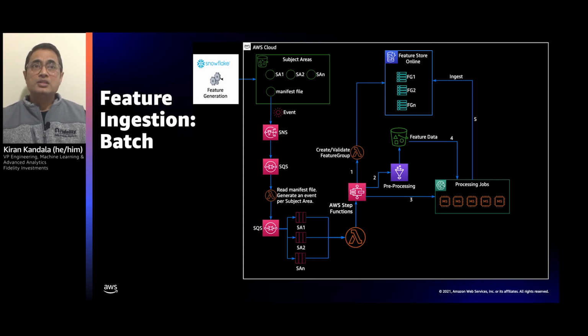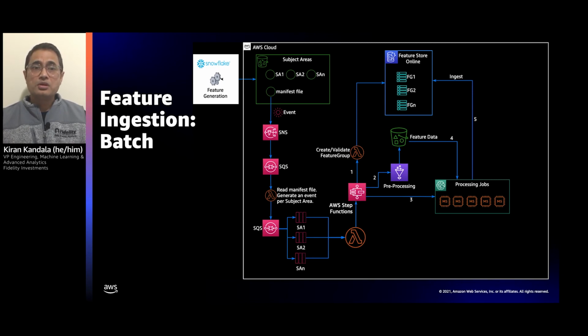One is we check if a feature group already exists in the online store. If it does not, we dynamically create that feature group. This takes about a few seconds to a minute. But if the feature group already exists in the feature store, then we compare the schema of the incoming request with the schema of the feature group that already exists in the feature store. If there is a mismatch, then we increment the feature group version.